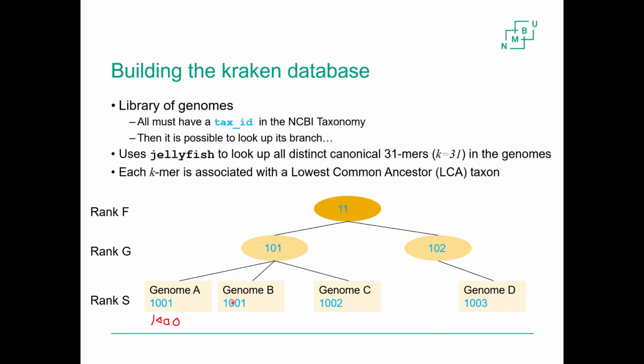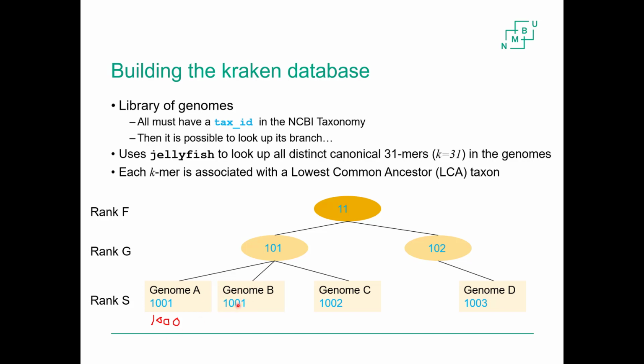So I expect that many of the k-mers we collect from genome B have already been seen in genome A. So even if we collect 1,000 more k-mers here, most of these have already been seen among these 1,000 here. So actually, from this genome B, we only store the new k-mers that we haven't seen before, right?